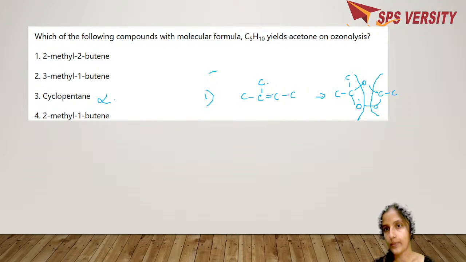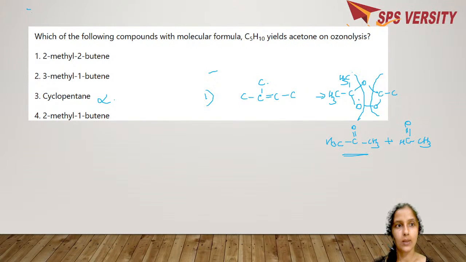This is O. So here, C double bond O, CH3, CH3. And on this side, it is C double bond O, H, CH3. So the acetone will be given by 2-methyl-2-butene. You can always check the other ones as well.